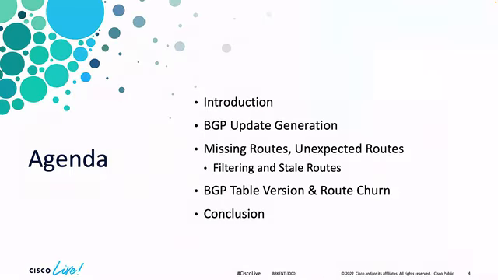Today's agenda, we have a 45-minute session, and as we all know, you can't really learn troubleshooting BGP in 45 minutes, right? So I'm going to completely focus on one area of BGP, which is updates. We're just going to talk about the different kinds of issues that we can face with BGP updates. There are many other slides in there that I've hidden, but that's just for your reference.